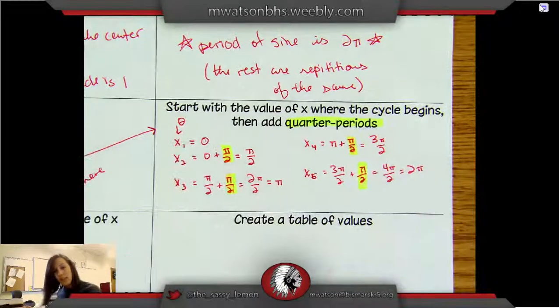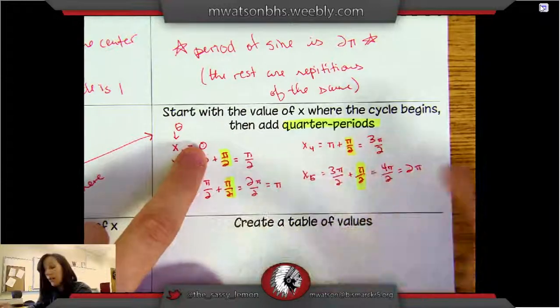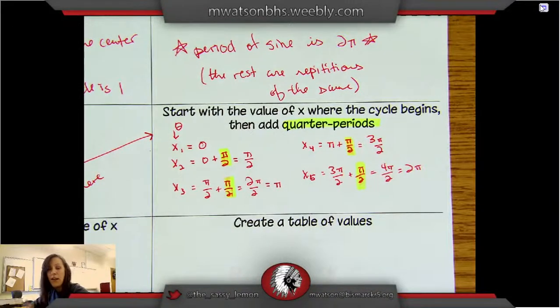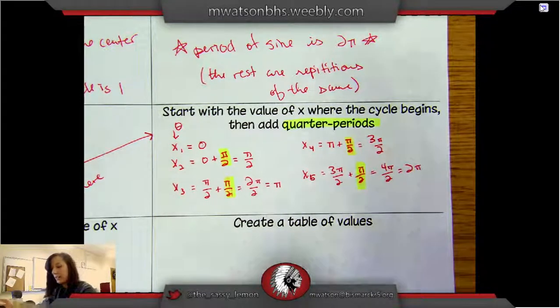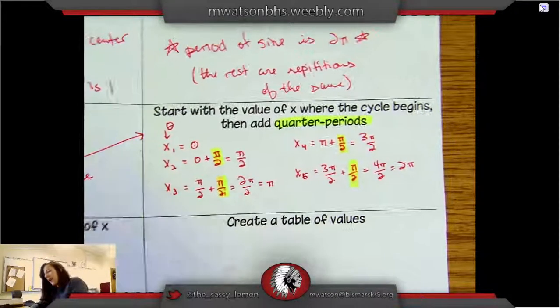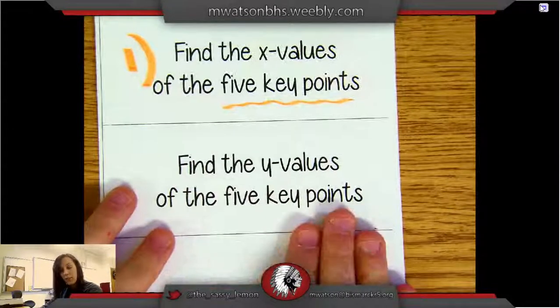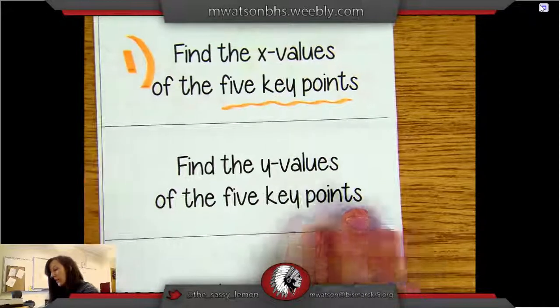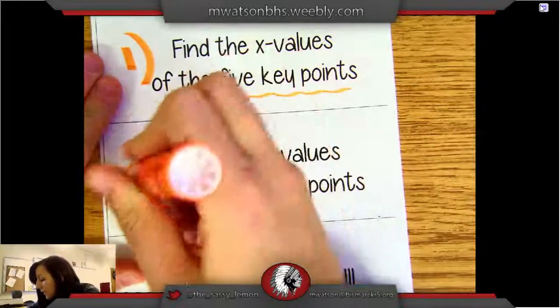Okay, so hopefully that makes sense to you so far. The whole goal of that was to identify 5 x values, or theta values, that we can input into our function. We're basically making an XY chart. So that's our next step: we're going to find the y values of these 5 key points. I'm going to label that step 2.